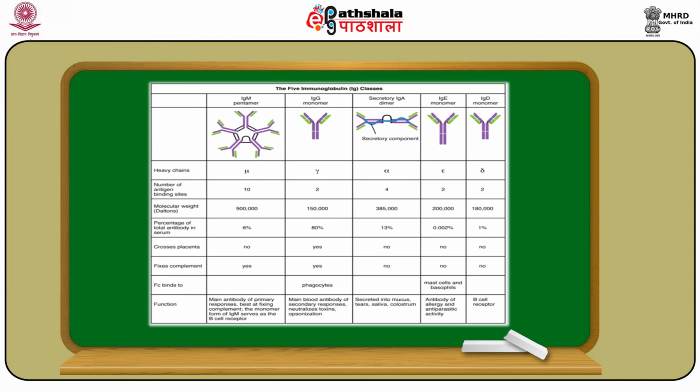Let us now study IgG. IgG is a monomer and can bind with the two epitopes. It has 80% concentration in the serum. It is the antibody of secondary response and can cross placenta by transcytosis.